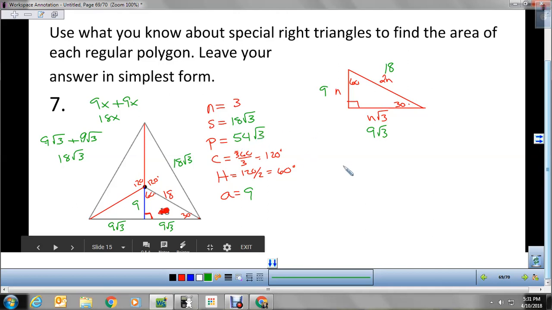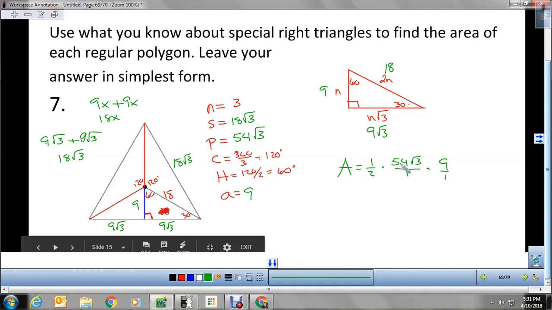Now, we have everything we need, so we can calculate the area by doing 1/2 times the perimeter, which is 54 radical 3 over 1. And then we'll multiply it by an apothem of 9 over 1. Now you don't necessarily have to put everything over 1. You can just multiply it out.